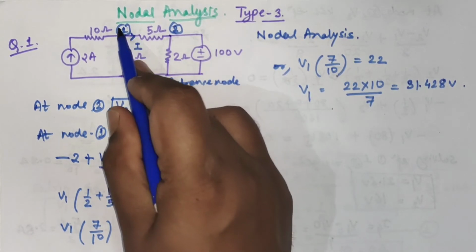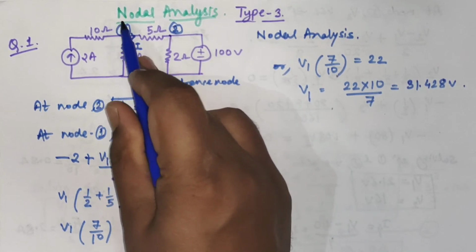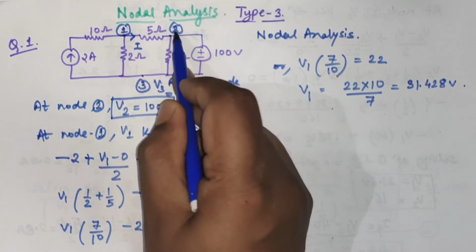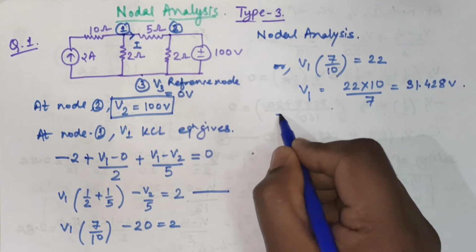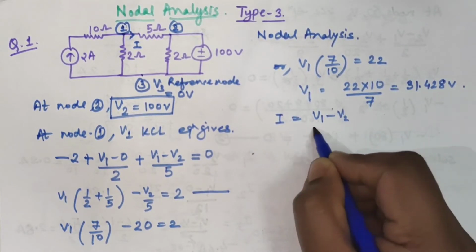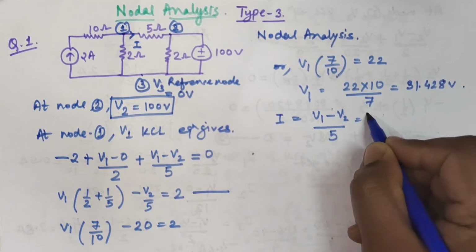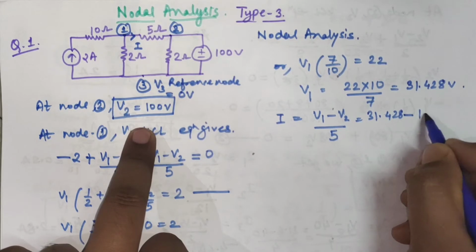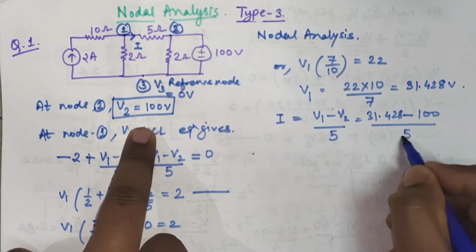Till now we have calculated the values of node voltages V1 and V2. Now to find the current I, I is equal to (V1 minus V2) divided by 5, that is 31.428 minus 100, divided by 5.